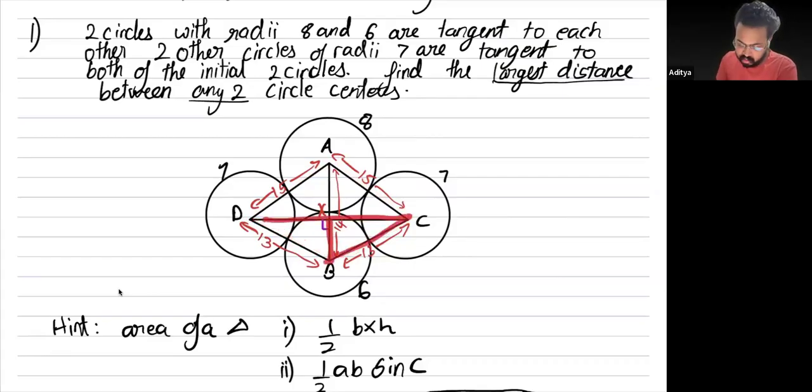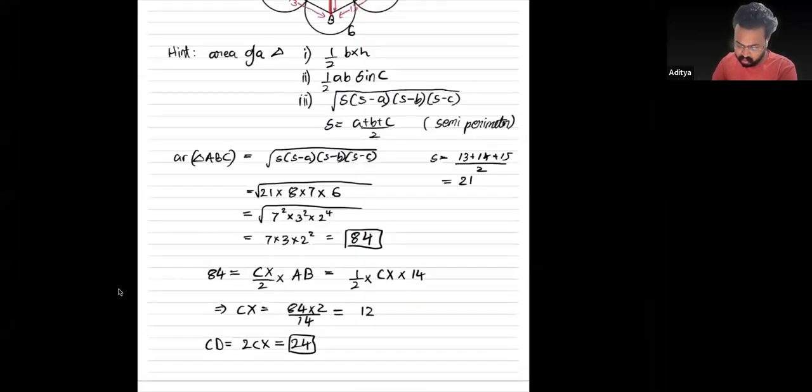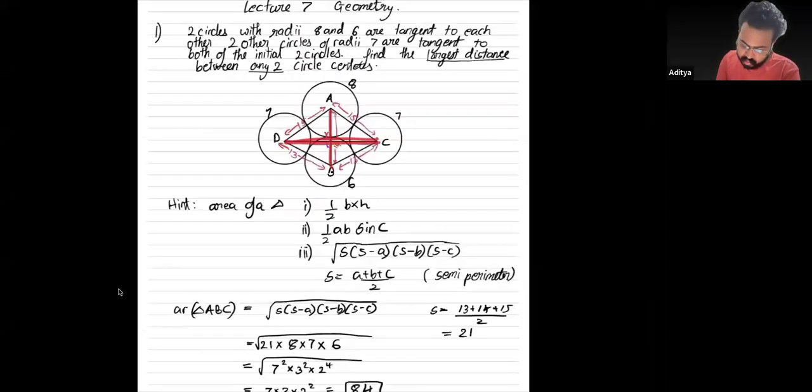Once you know this is perpendicular, CD is twice the height of both these triangles with base AB. You know the base AB, so you can use Heron's formula to figure out the area of this triangle and hence the height. So you will finally be able to figure out the CD length, which is what we did through calculation. And CD came out to be 24, which is larger than 15, 14, and 13.